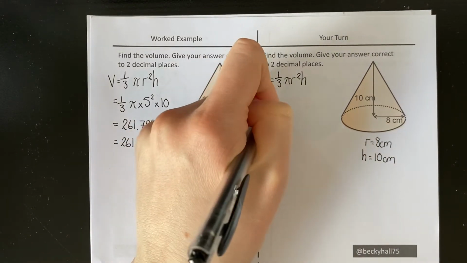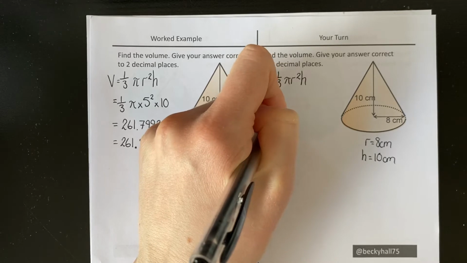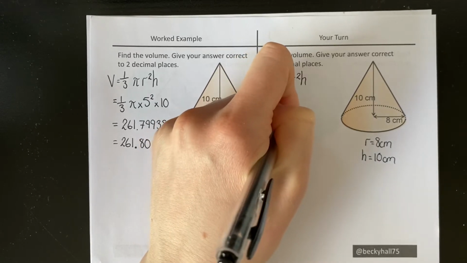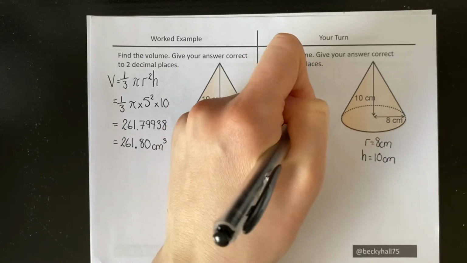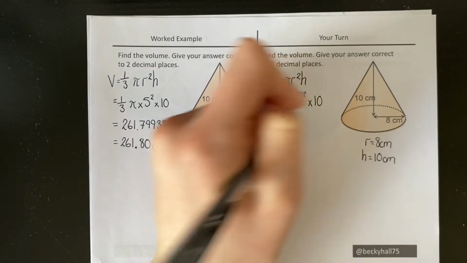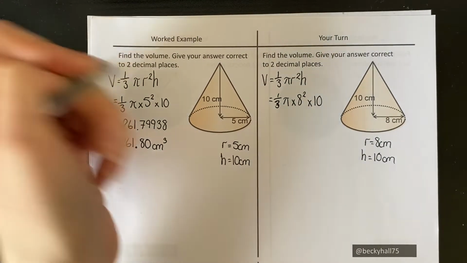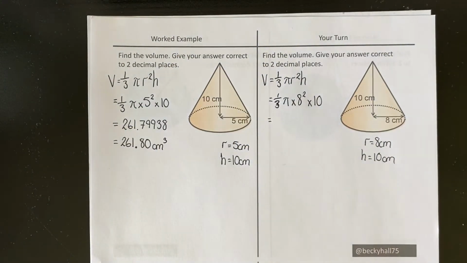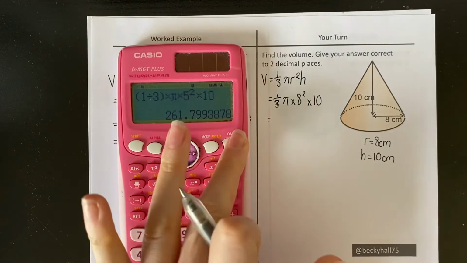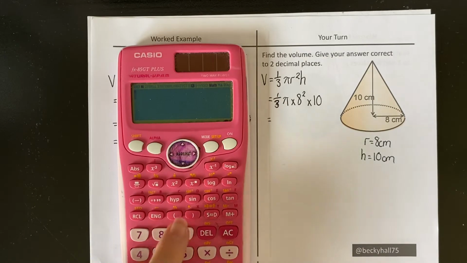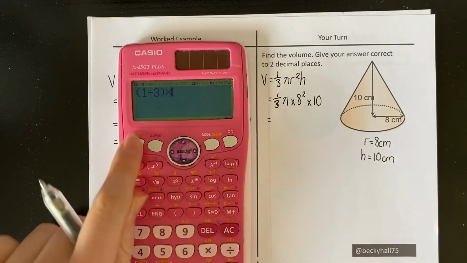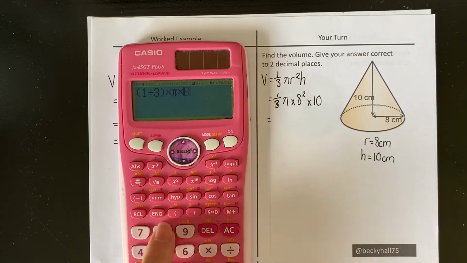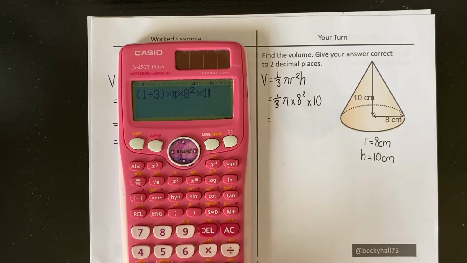I'm going to pop these into my formula. So volume is 1/3 times pi times the radius squared, which is 8 squared, times by the height, which is again 10 centimetres. I'm going to pop this into my calculator. So again, I'm going to do 1 divided by 3 times pi times 8 squared times 10.